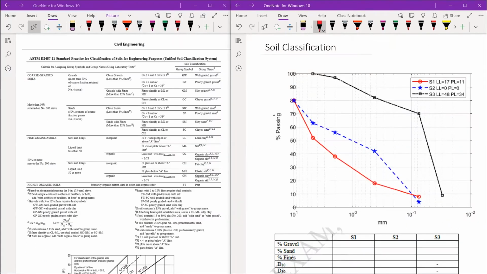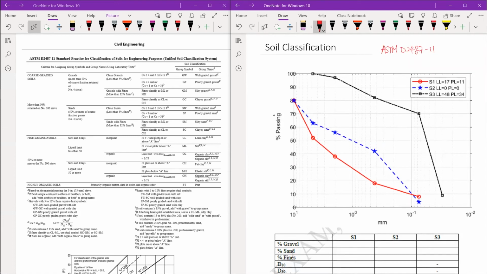Okay, so let's work on a soil classification example here. We have 3 soil samples, shown as grain size distribution curves, and we want to classify them per the ASTM D2487 standard.